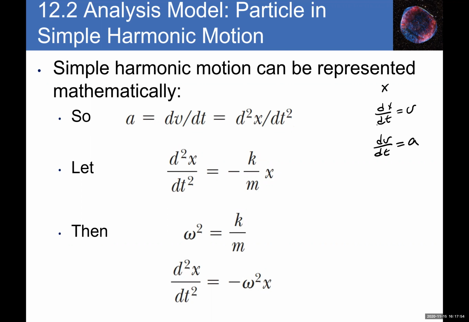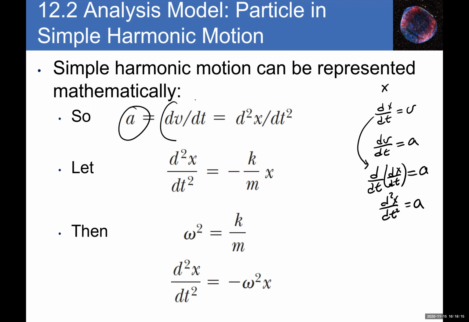Since velocity is the derivative of position, acceleration is the second-order derivative of the position. That's why acceleration, which is dv/dt, also equals d²x/dt², because acceleration is the second-order derivative of the position.